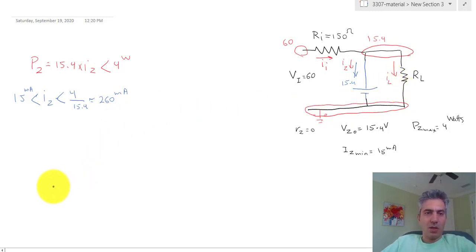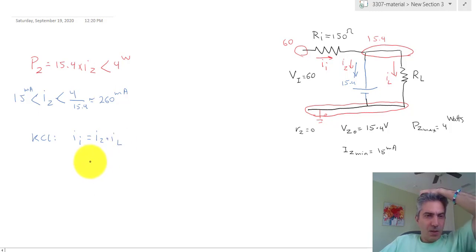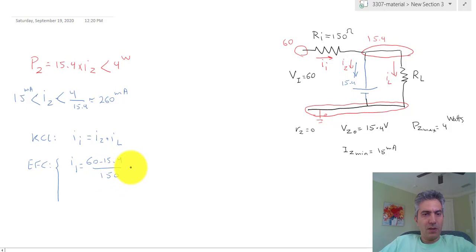So let's start doing the analysis again. KCL tells you that II is equal to IZ plus IL. And then the equations for components. II is equal to 60 minus 15.4 divided by 150.